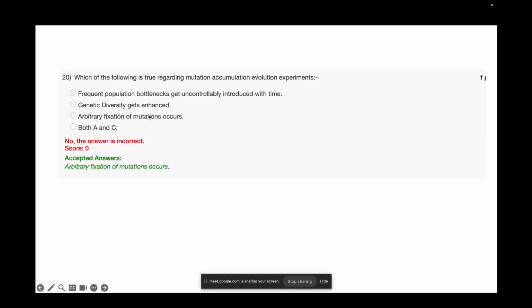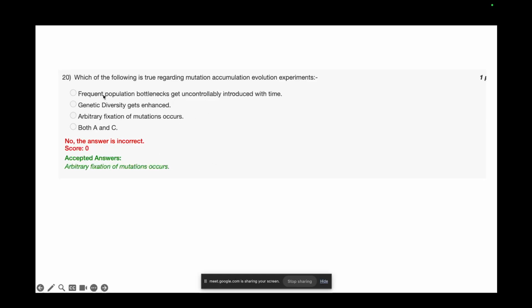Yeah. So during mutation accumulation evolution experiments, arbitrary fixation of mutations occurs. So basically, arbitrarily, these mutations are encompassed in the DNA, and then the experiments are conducted. But they are not kind of fixed mutations. The fixed mutations you can do, but that would not be a good standpoint for an evolutionary experiment. For that, you need to have arbitrary fixation of mutations.